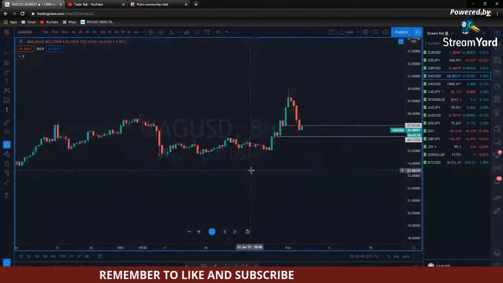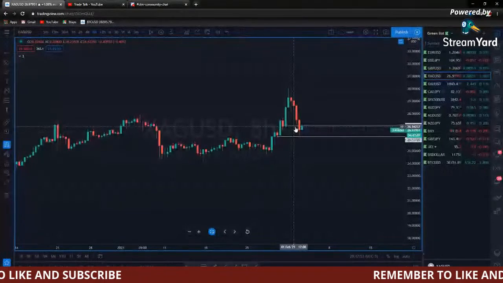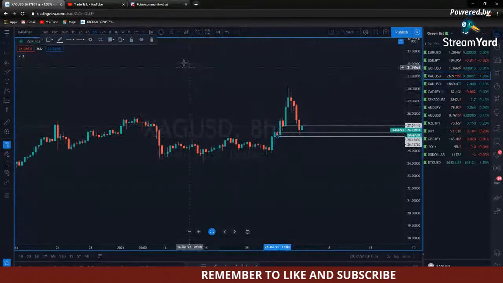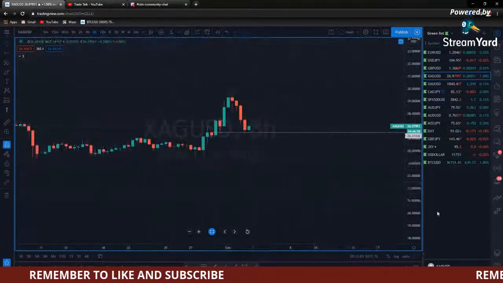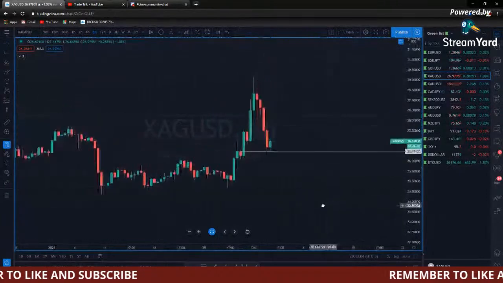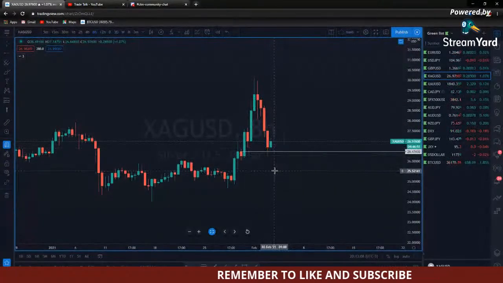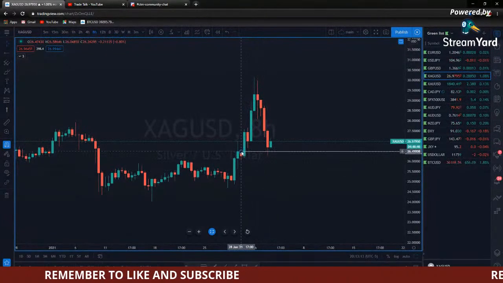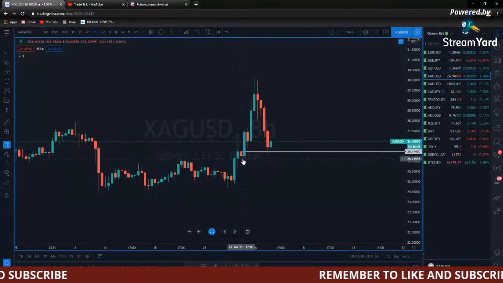So essentially what I'm looking for on this is to see if it holds this area as support. Now, we don't know if it will. This is the thing with trading. We never know what's going to happen. We have to let price dictate the areas to which it wants to find support. Currently, it is holding support at 26.47, which is indicated by this white line and simply the opening price of this bearish candle.